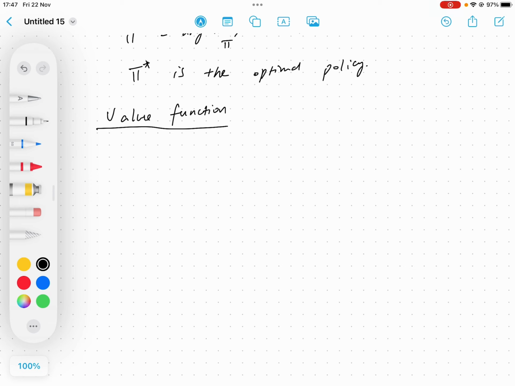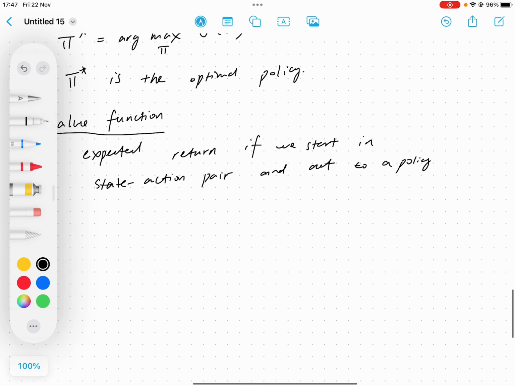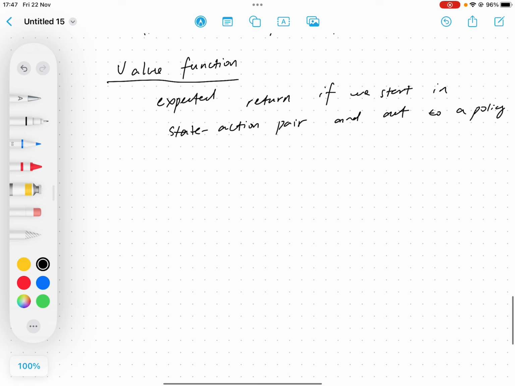So the definition would be the expected return if we start in some state and action pair, and then act according to a policy forever. Okay, that would be a rough definition.